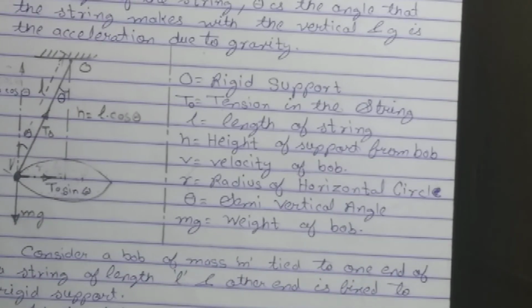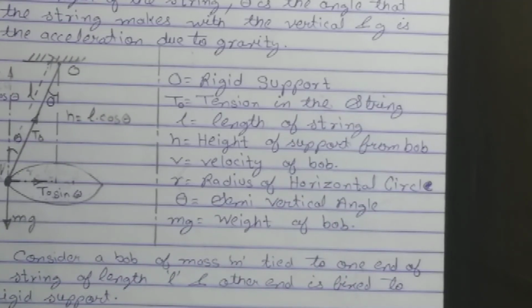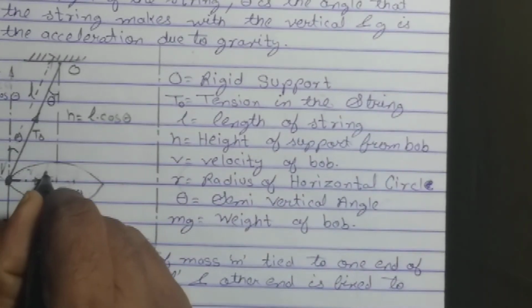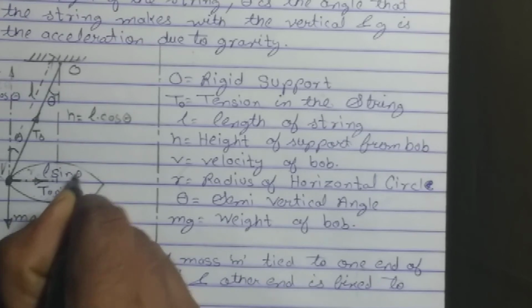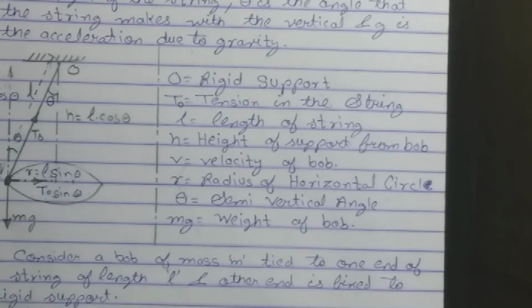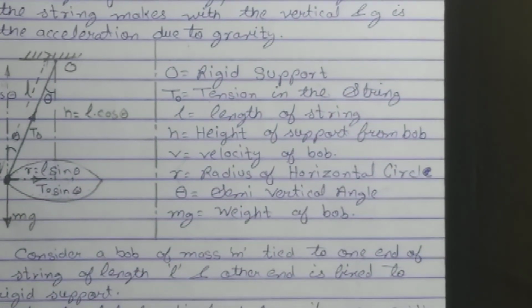Instead of tan theta, I can write sin theta upon cos theta. And what is the value of r? If I apply the geometry over here, the value of r is L sin theta. So I will substitute it here.